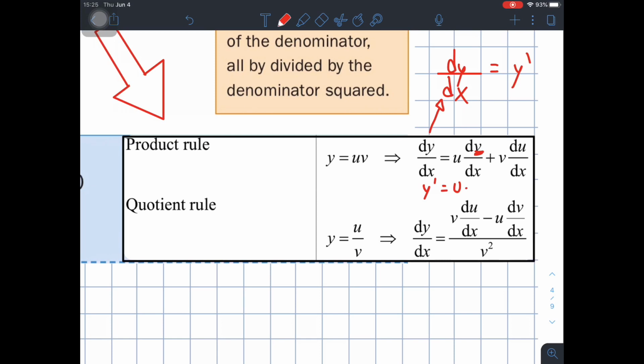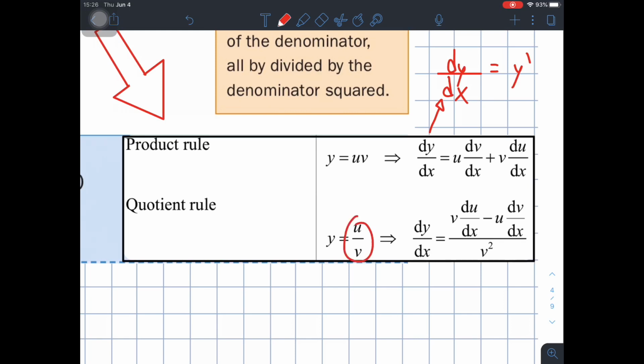If we're talking about v, we're going to write v prime, right? Plus v times du over dx. So this is the same as saying u prime, okay? So you see that it's the same thing, although the notation for derivative changes, okay? That's the only thing that changes. The rest is exactly the same, okay? So that's how you interpret these two formulas in the formula booklet, right?